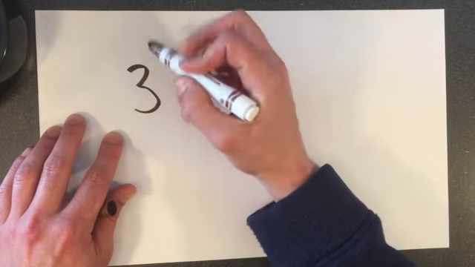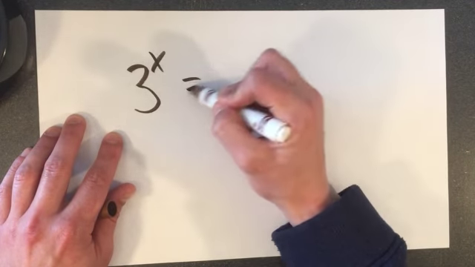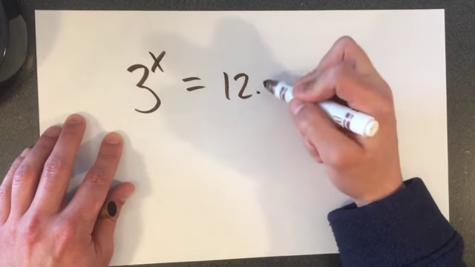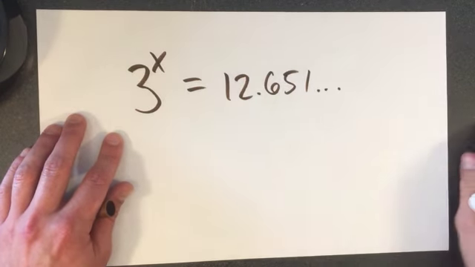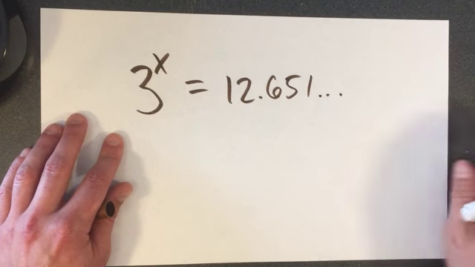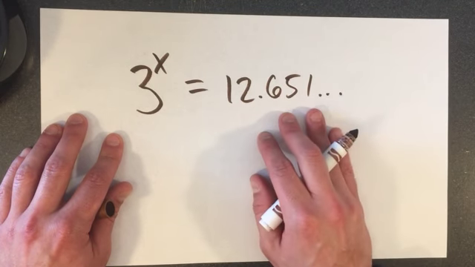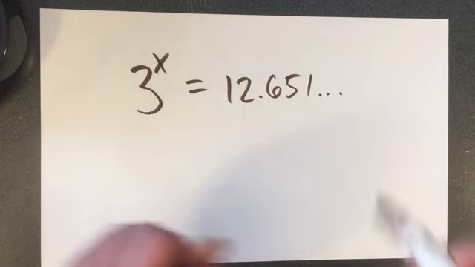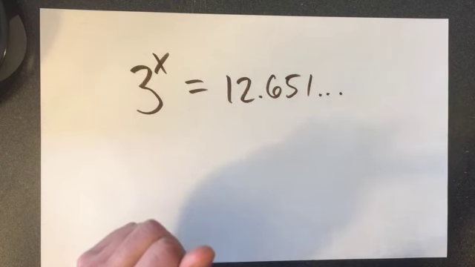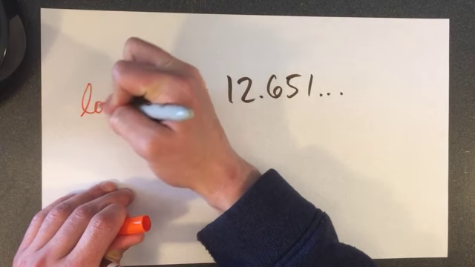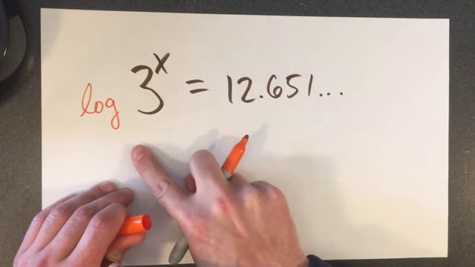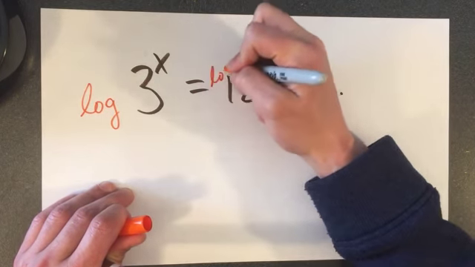So we had 3 to the x power equals 12.651... It's an irrational number, so we can't reduce it down any more than that. Well, I can use a log now. So I take the log here and I take the log here.